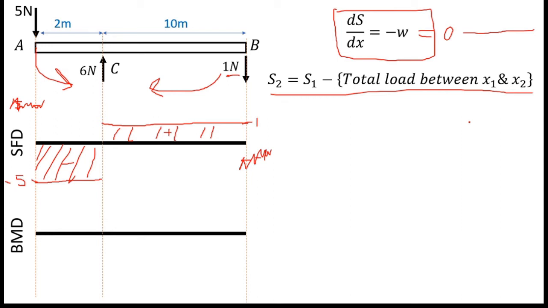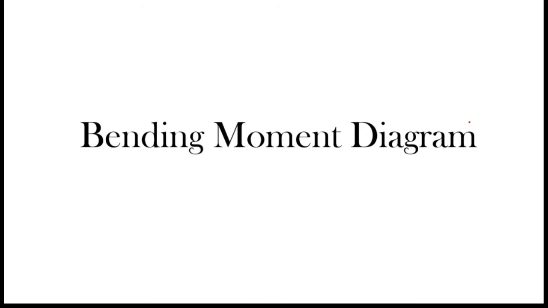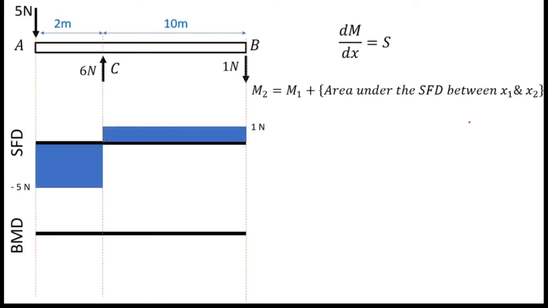Next we will see how to draw the bending moment diagram for this beam. Okay, this is the clearly drawn shear force diagram. You can see it here. Here also there are two formulas. The first one is for finding the slope of the bending moment diagram. It says dM over dx equals S. dM over dx means the slope of the bending moment diagram and this S means the shear force.